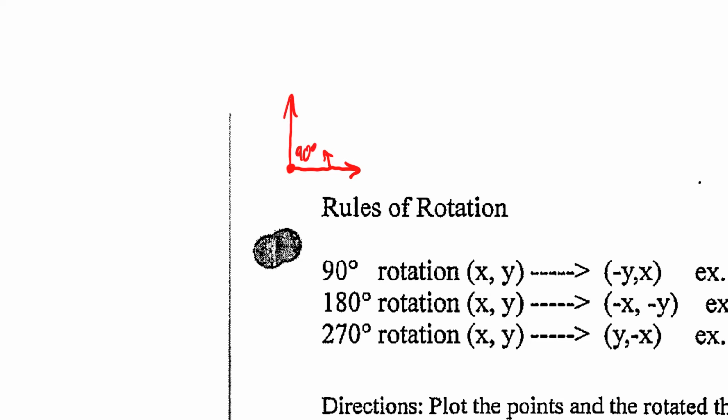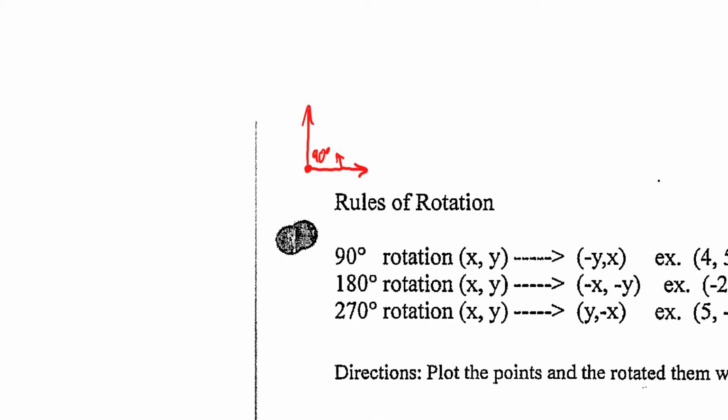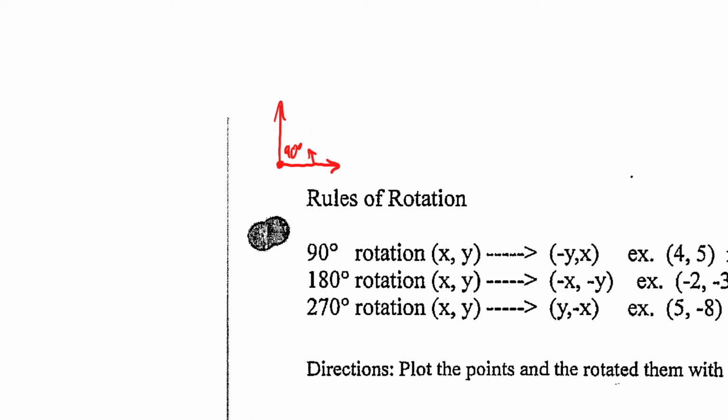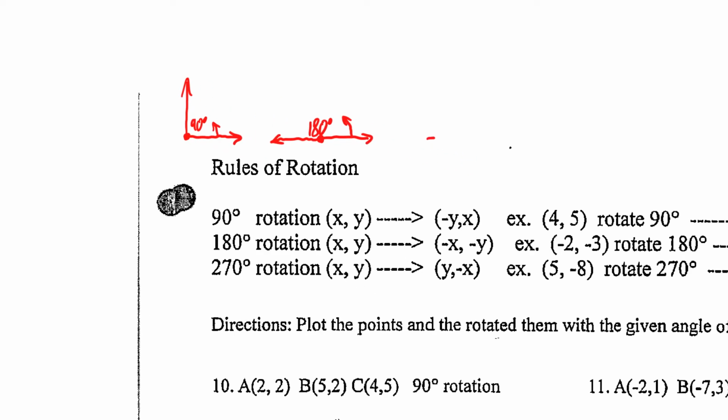That would be a 90-degree rotation. What if it was like this and you rotated this 180? It'd put it facing the exact opposite direction, right? That'd be 180 degrees. What if it was facing this way and you rotated it 270? That actually is like all the way from here to here. That'd be a 270-degree rotation.